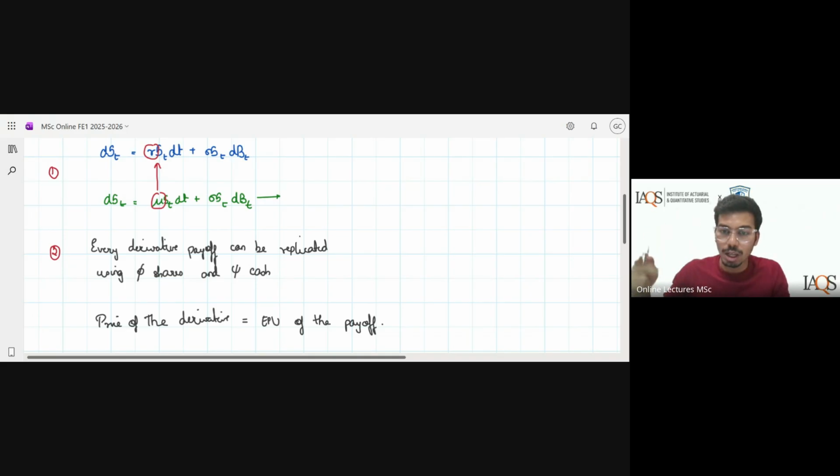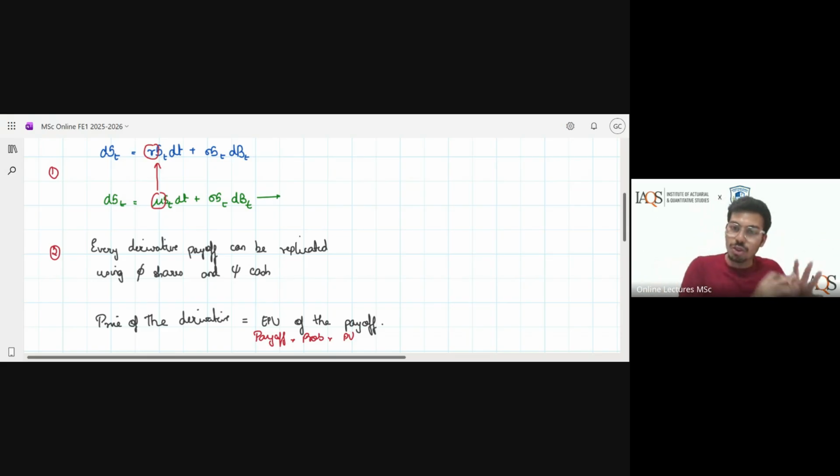I was equating my payoff by changing the value of phi and psi. From this equation, we moved to the risk neutral probability approach, and we proved that the price of the derivative is payoff into probability into PV factor. That is where we derived the equation of Q.